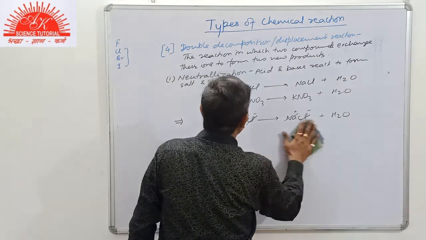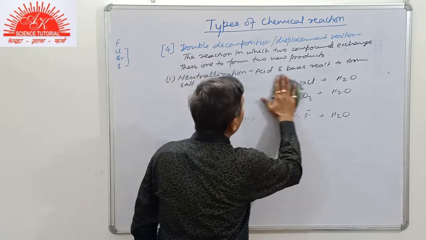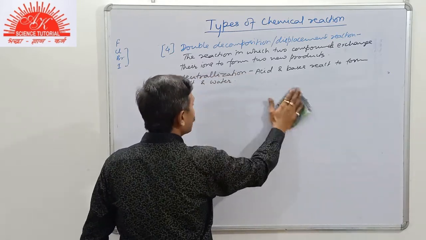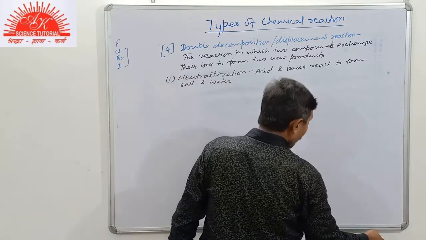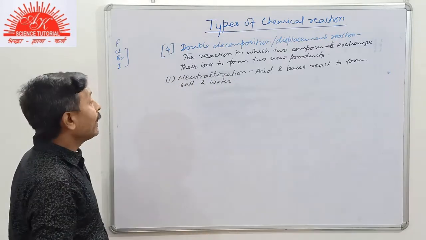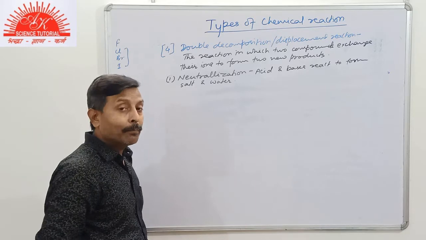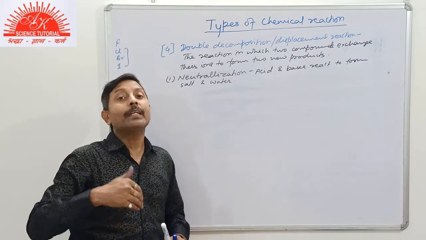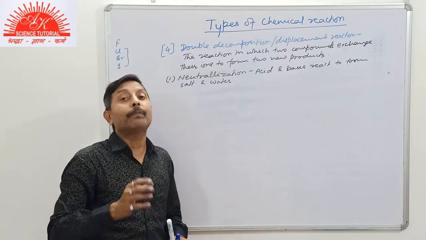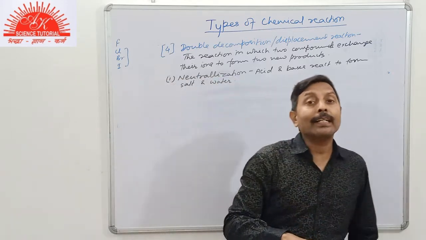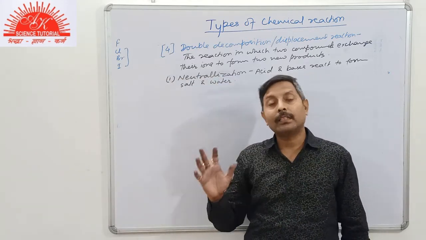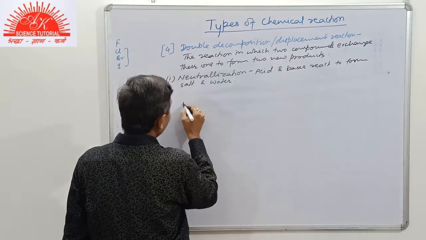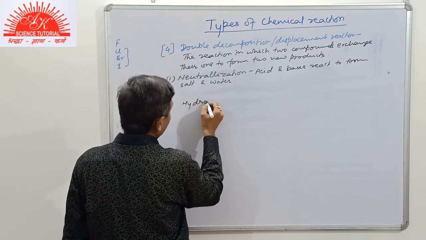But sometimes the opposite of neutralization happens. When a salt dissolves in water, it reacts to form acid and base. That is, the salt solution will be acidic or basic depending upon the strength of the acid or base used. And this is especially known as hydrolysis.